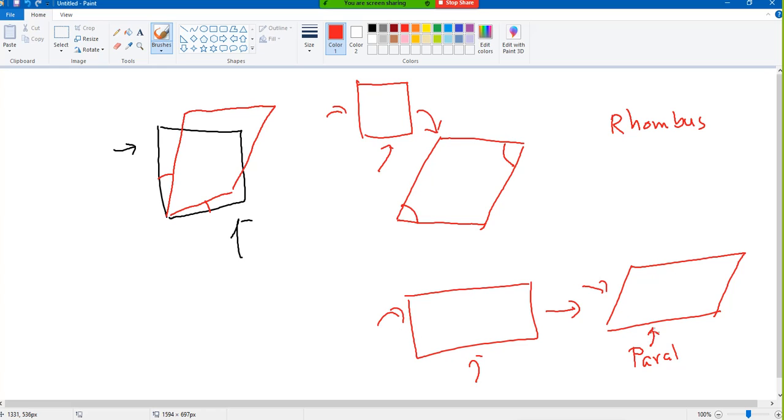But my main concern here is not to define this. My main concern is to let you know that this angle and this angle are equal. Now if I twist it uniformly, this angle will be equal. If I twist one side more, then there will be a change.